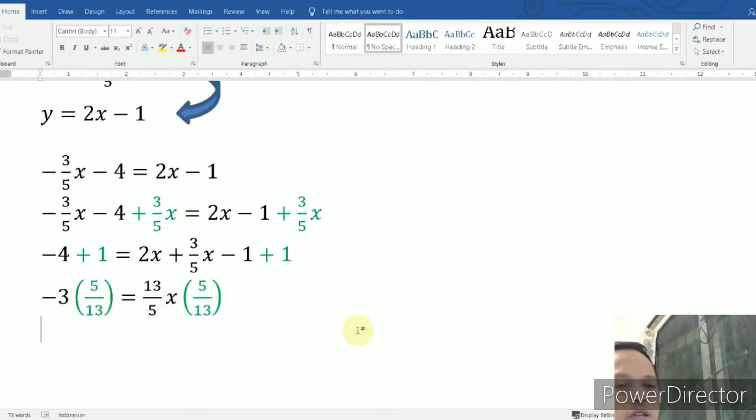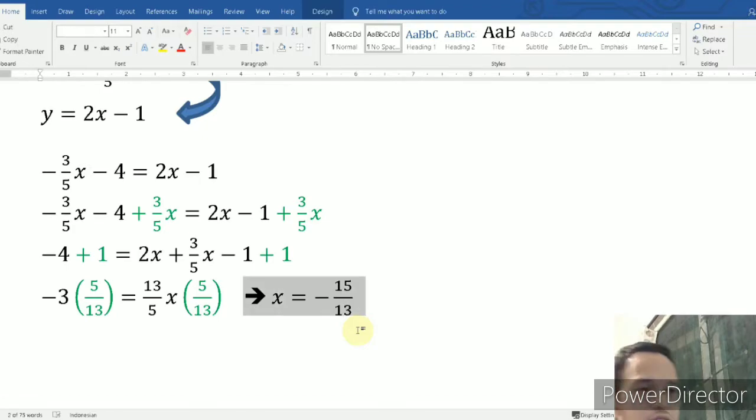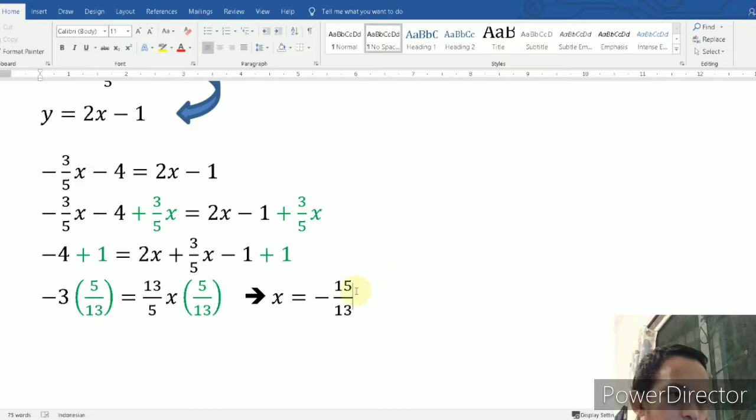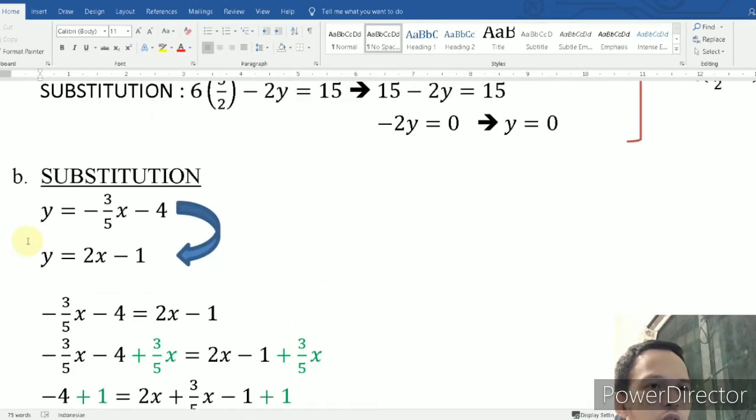In the end, you need to know that the objective is isolating x. So the value of x will be equal to negative 15 over 13. After I find this, I will substitute the value of x into one of these equations.